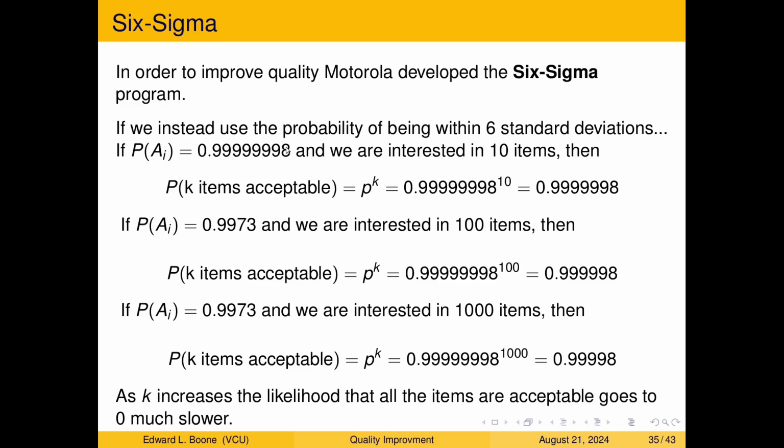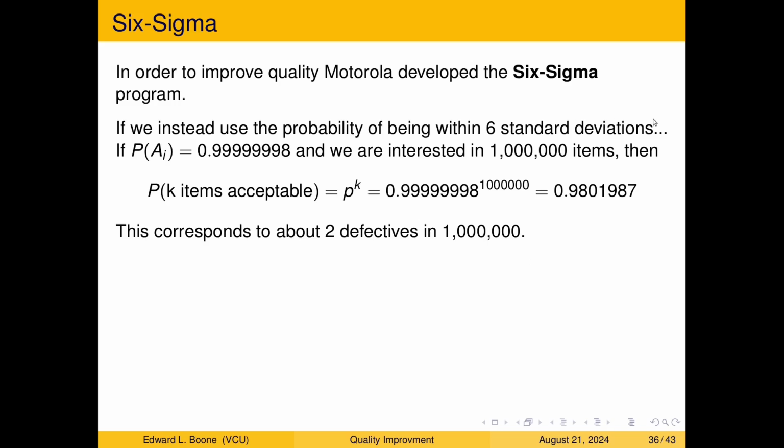So if we're interested in 10 items, the probability that all of them are acceptable is still really close to 1. If I look at 100, it's still really close to 1. If I look at 1,000 items, it's still really close to 1. They are smaller, but it's going to 0 much slower.